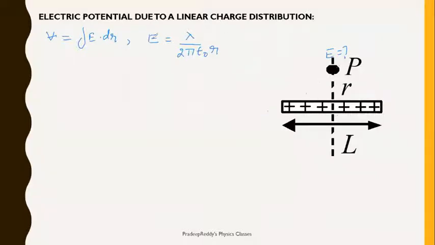Now in order to find electric potential, within one step you will get the answer. Simply take this E value and substitute it in this equation.